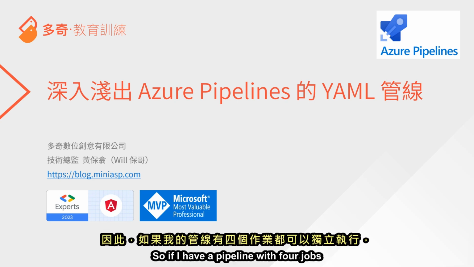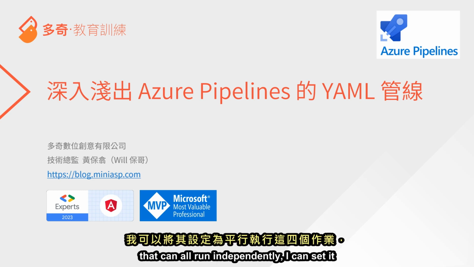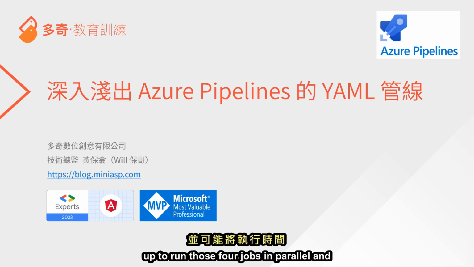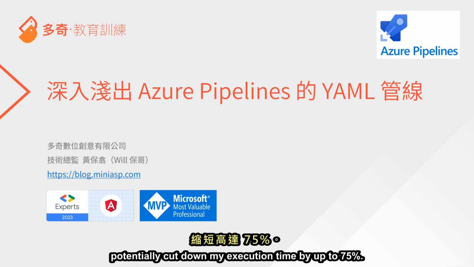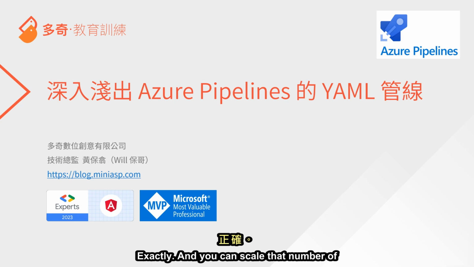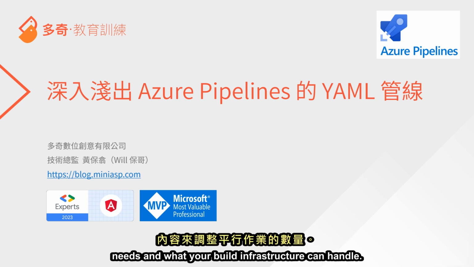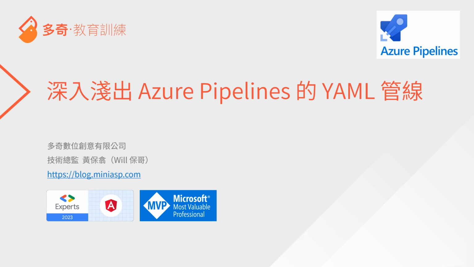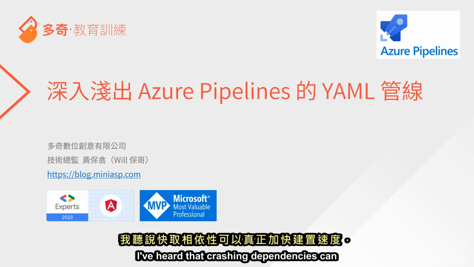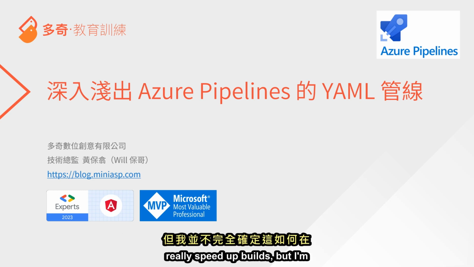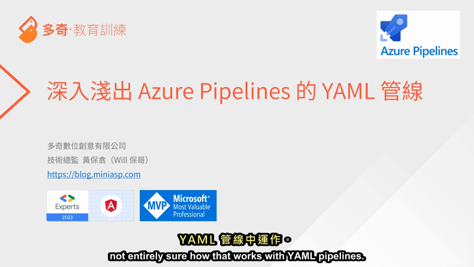So if I have a pipeline with 4 jobs that can all run independently, I can set it up to run those 4 jobs in parallel and potentially cut down my execution time by up to 75%. Exactly. And you can scale that number of parallel jobs up or down based on your needs and what your build infrastructure can handle. That's incredible. Now, what about caching? I've heard that caching dependencies can really speed up builds, but I'm not entirely sure how that works with YAML pipelines.